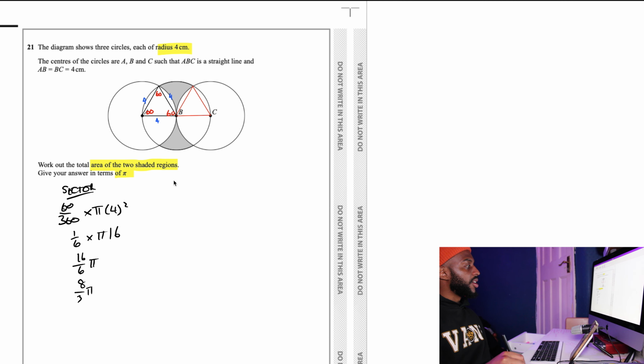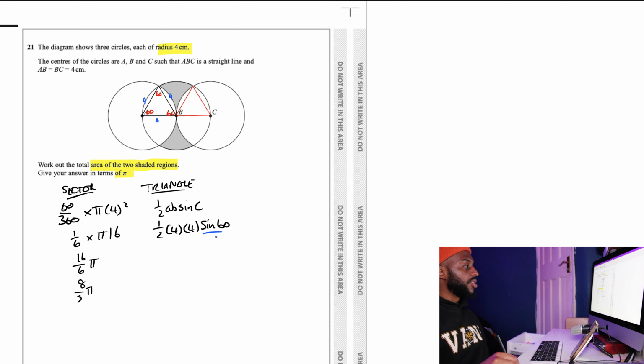Next we're going to work out the area of the triangle. So we're going to use half AB sine C to work out the area of the triangle. Half times 4 times 4 sine 60. 60 is our angle.